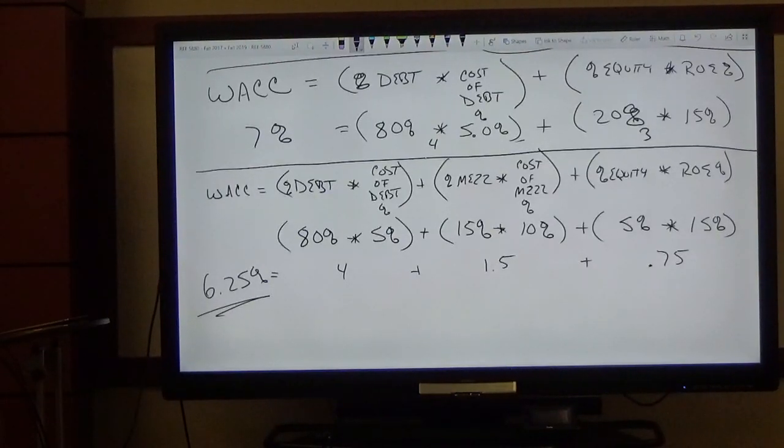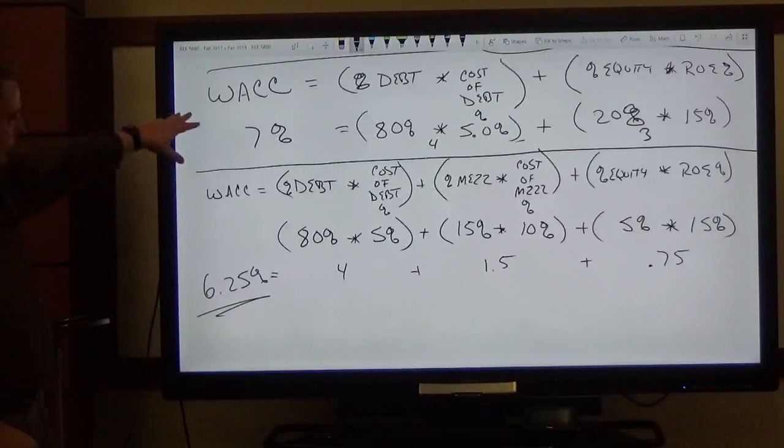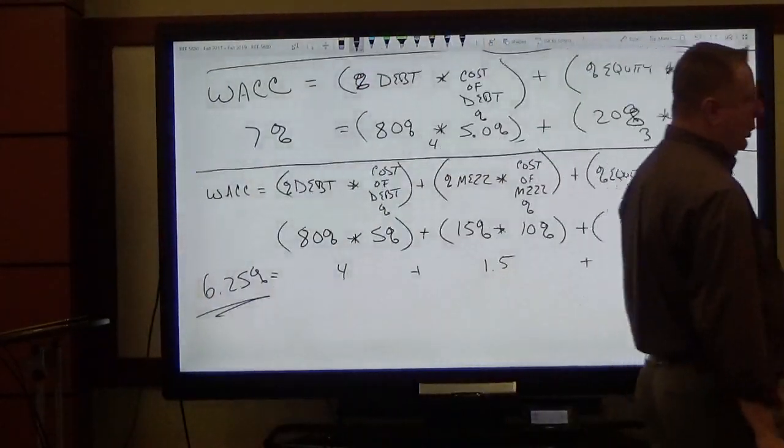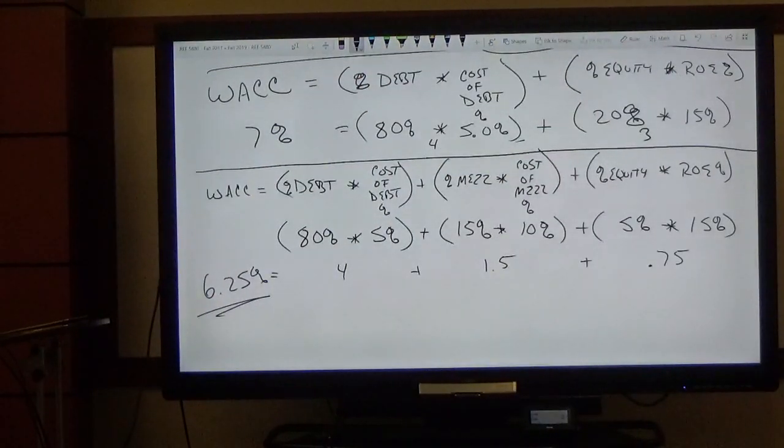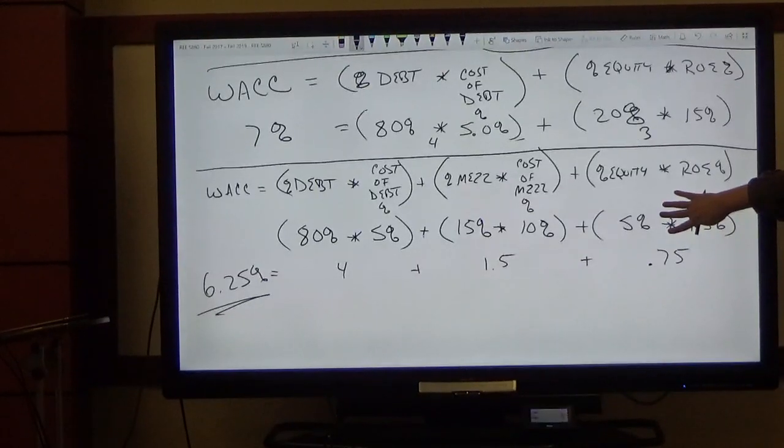Yes or no? Yes. Okay. So, the lesson, if we sort of look at these, are two alternatives. What are the trade-offs of going from this capital structure to this capital structure? Lower cost of capital.